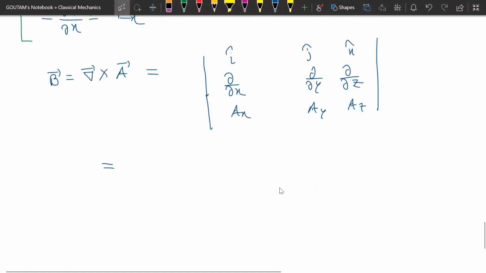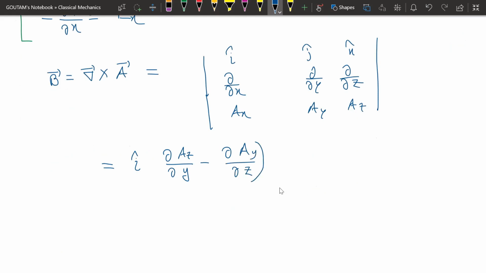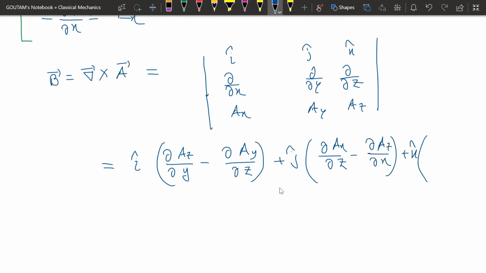So this means i hat (del Az/del y minus del Ay/del z) plus j hat (del Ax/del z minus del Az/del x) plus k hat (del Ay/del x minus del Ax/del y).